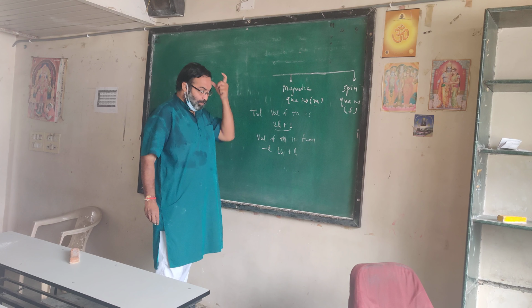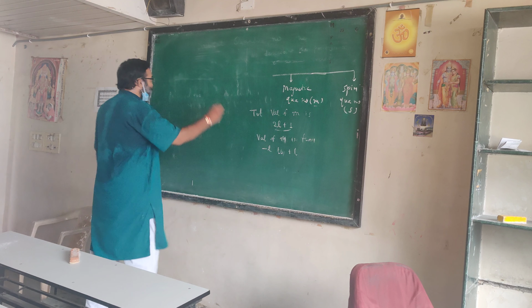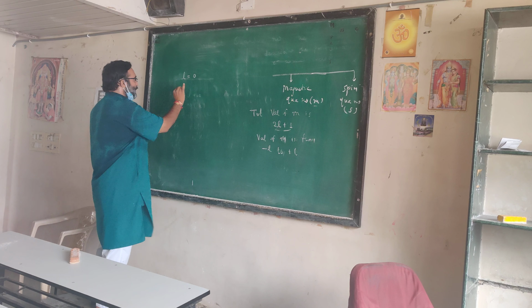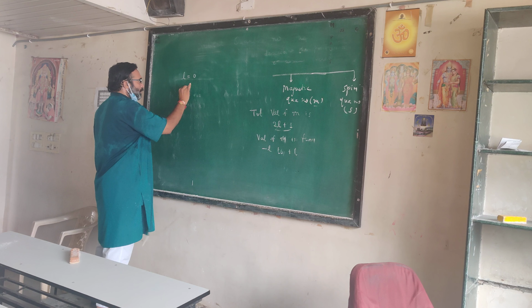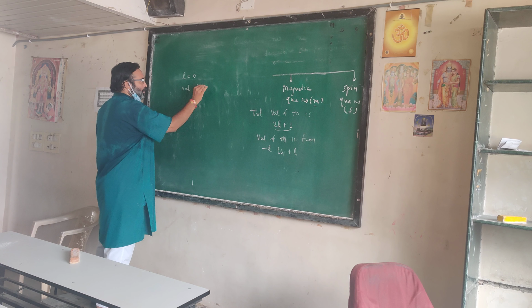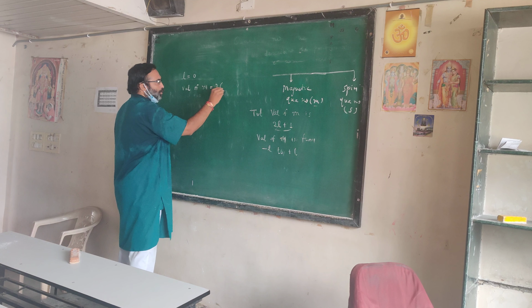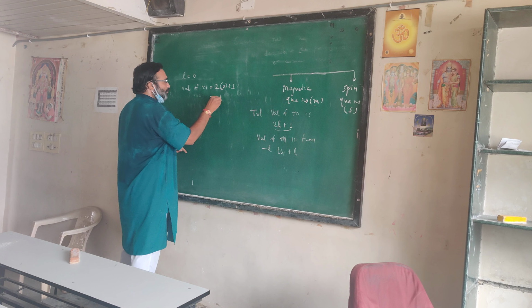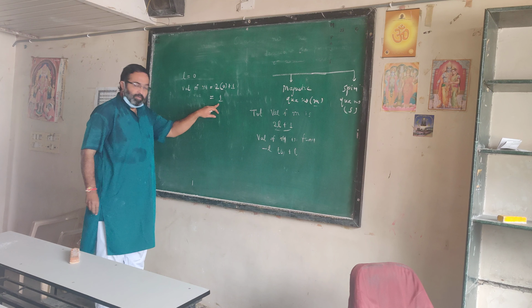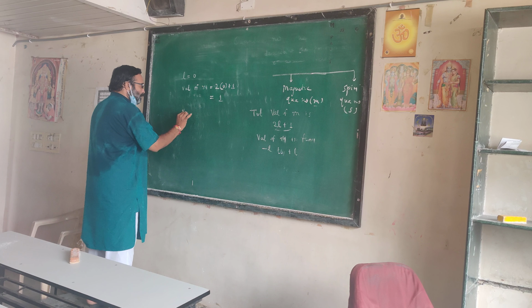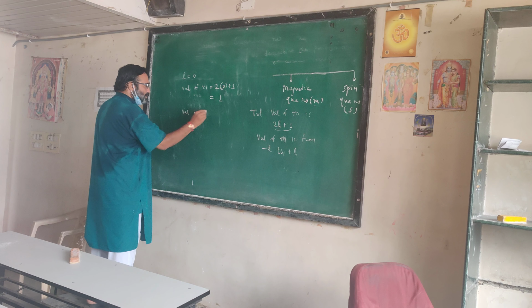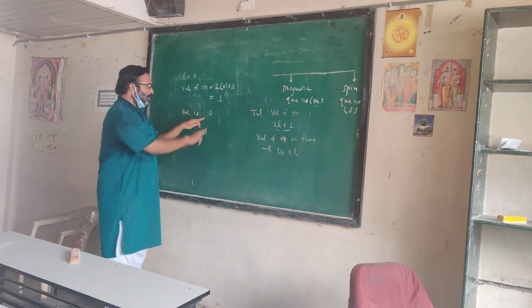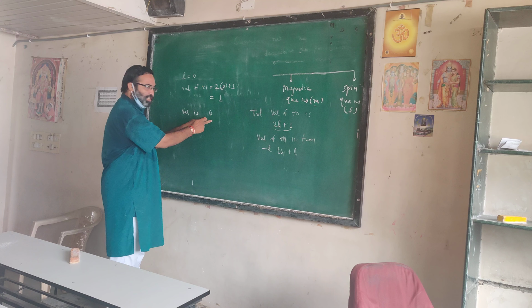With an example you will come to know it. For example, l is equal to 0. So the total number of values of m will be 2 times 0 plus 1. That is one value. Which value? 0, because minus l to plus l is minus 0 to plus 0, that is 0.